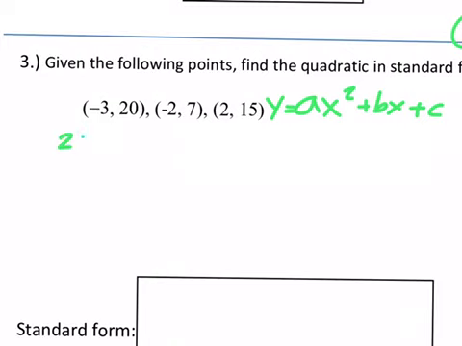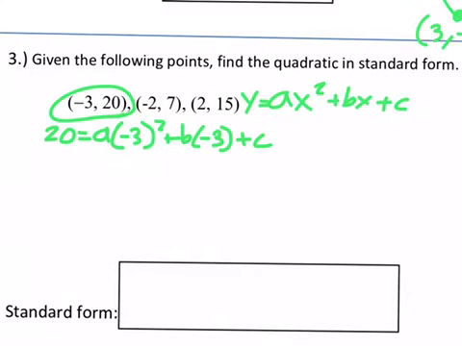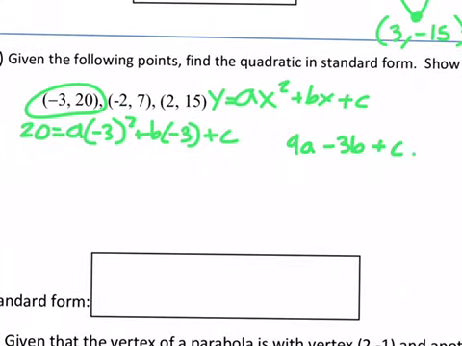So in this one we'll have 20 is equal to a times negative 3 squared plus b times negative 3 plus c. It's for this first coordinate point. I'll go ahead and simplify that down and move the y to the other side to get us 9a minus 3b plus c is equal to 20.